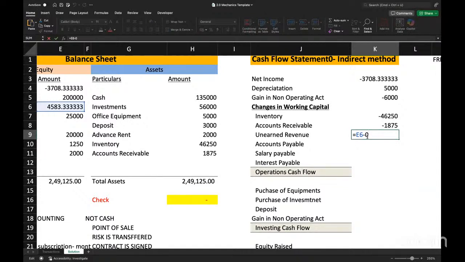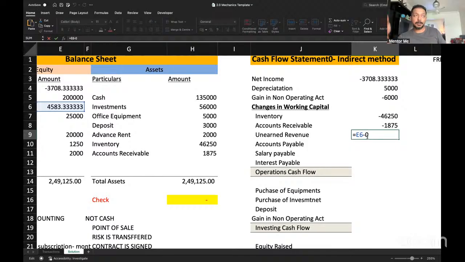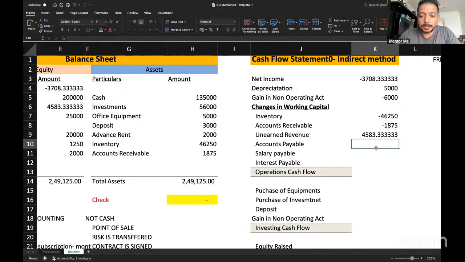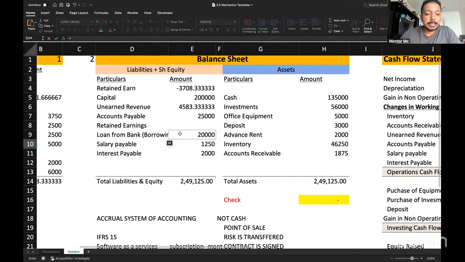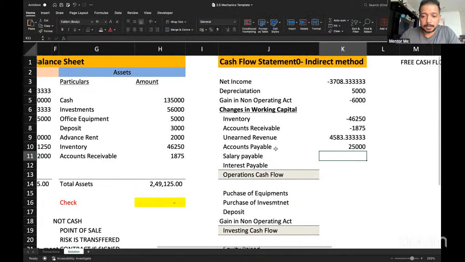Right? So although you were saying we did not earn it, in terms of the cash flow from operations, I'm happy. Who cares if my revenue does not show, but my cash flow shows? Right? Accounts payable is a liability account. So this year minus last year, positive cash flow.